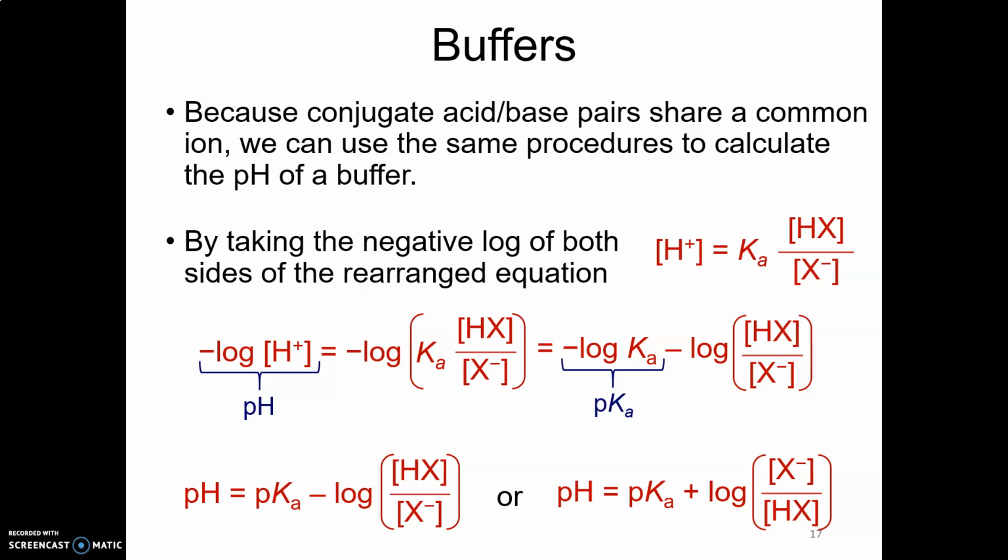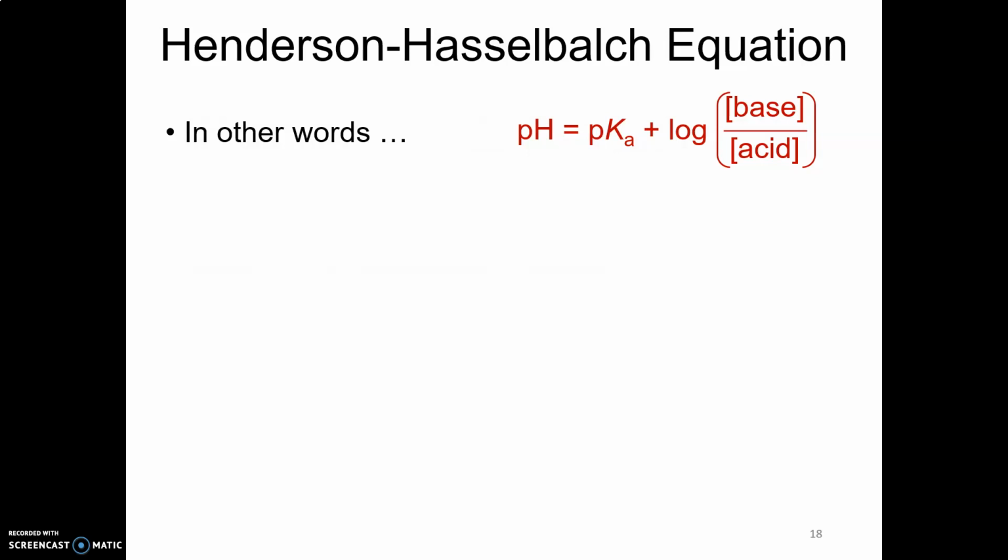So instead of the concentration of the acid over the base, now it's the concentration of the base over the acid. And this final equation is what you're going to memorize, known as the Henderson-Hasselbalch equation, named after the two scientists associated with developing it. So pH is equal to pKa plus the log of the concentration of base over the concentration of acid.